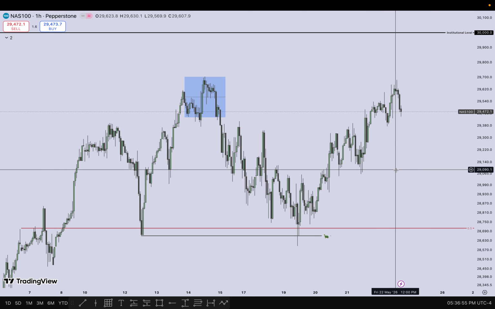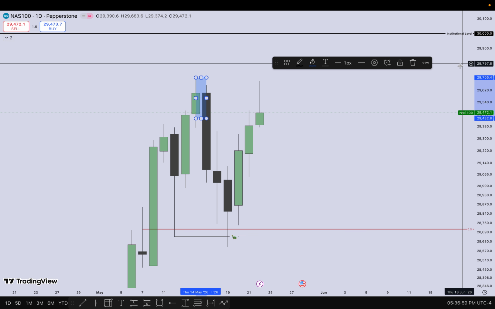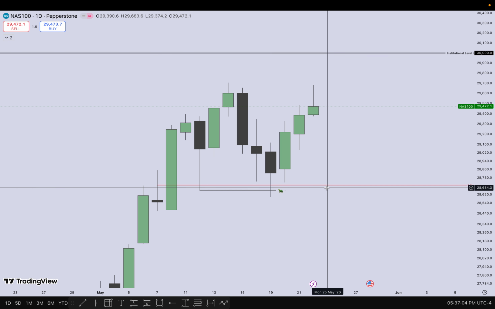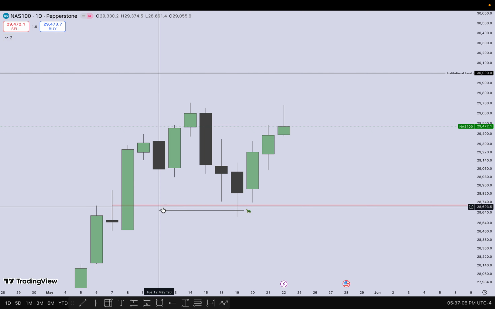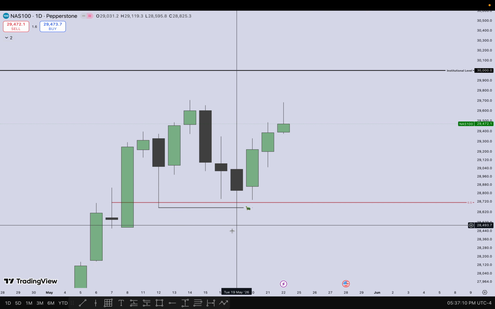So on the daily, I'm plotting the key levels which I have seen here. As you can see, I have graded this midpoint, and what I see is the price has taken the sell side, and we have traded into the weekly BC.